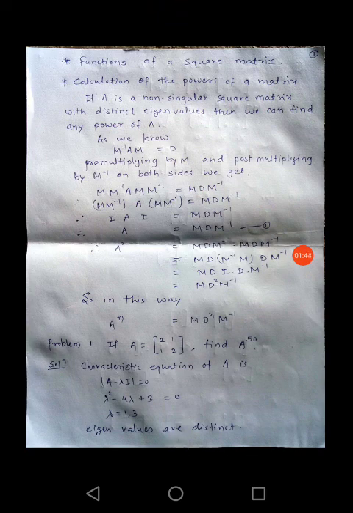So equation 1 states that A is equal to M D M inverse. Similarly, we can calculate A square by simply multiplying M D M inverse with itself. So M D M inverse into M D M inverse. Now combining M inverse and M, we have M D in bracket, M inverse M, into D M inverse, which is equal to M D. M inverse M is nothing but identity, because the product of a matrix and its inverse is identity, as we have seen in the 11th standard.